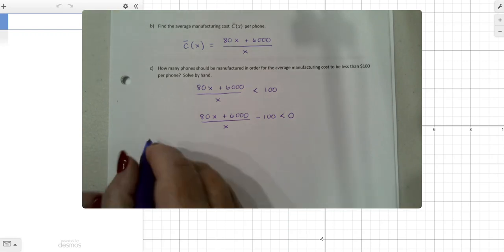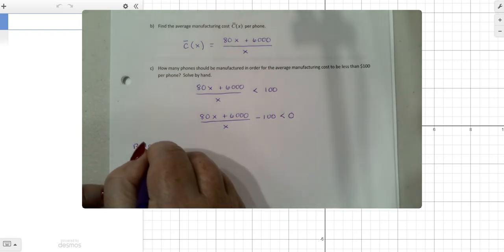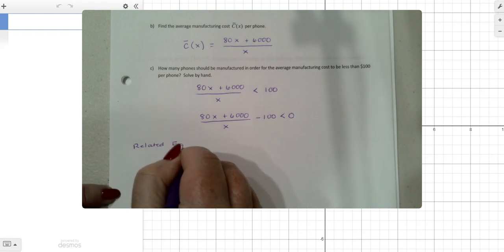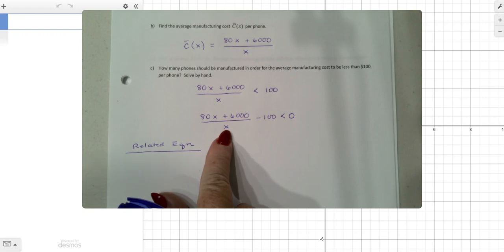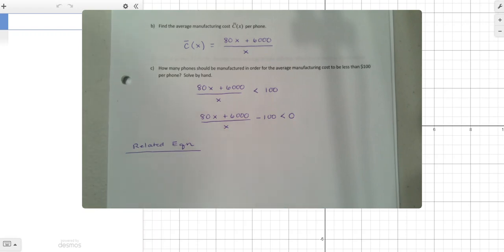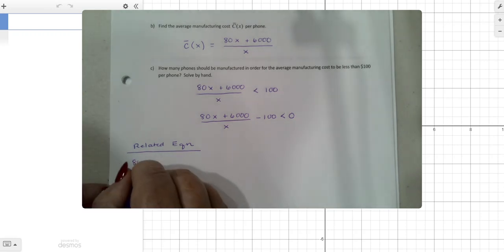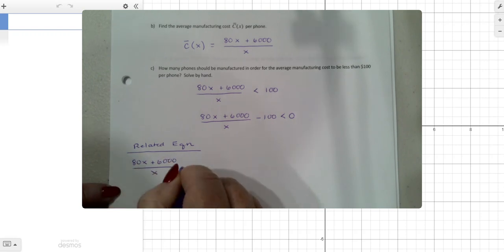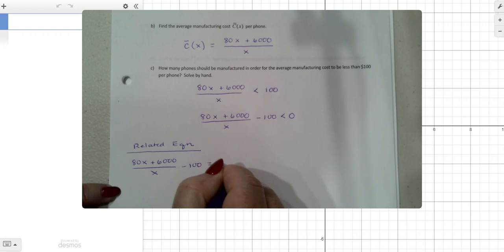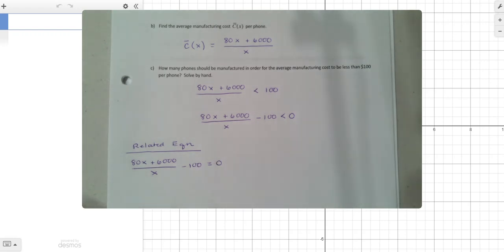And then I'm going to go to my related equation. By the way, notice that the domain on this one is just x can't be 0. I'm not too worried about that because if I'm manufacturing the phones, I'm probably not making 0 phones. All right, so here comes my related equation. It's equal to 0. And I'd like to clear out the fraction, so I'm going to multiply by the only denominator in the whole thing.